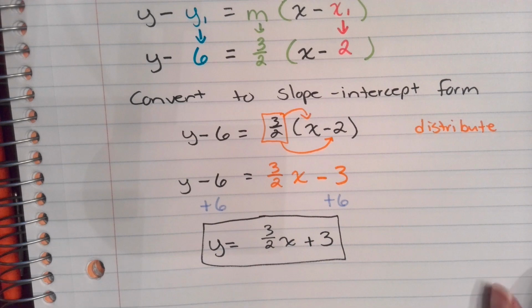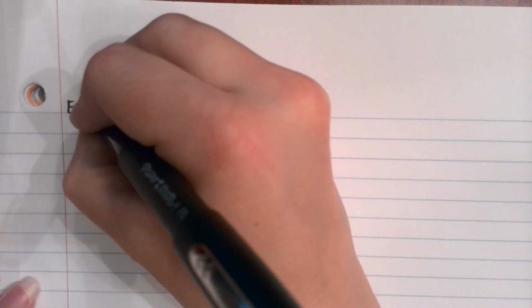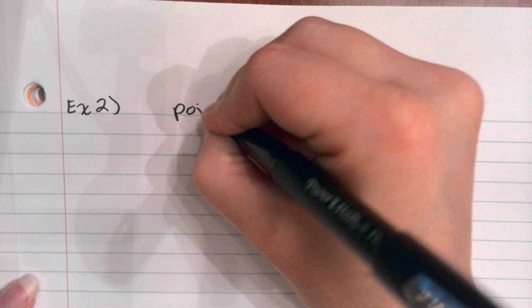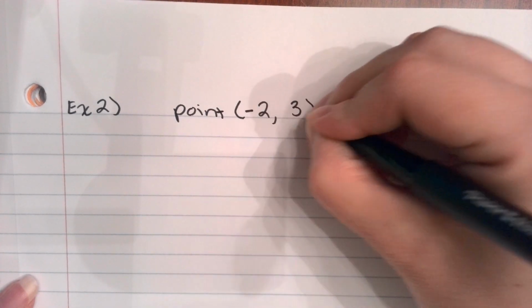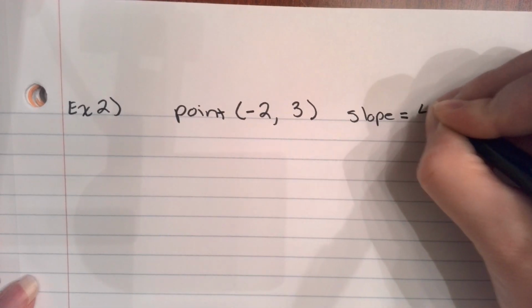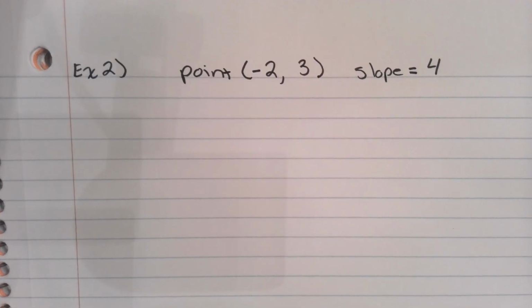All right, let's go ahead and look at another example. Okay, so let's say that we have the point at -2, 3, and that our slope is equal to 4.